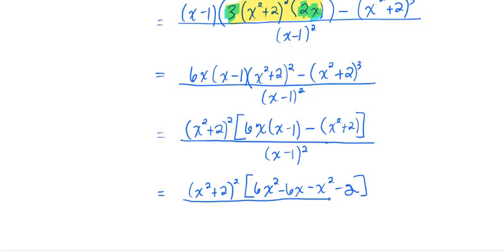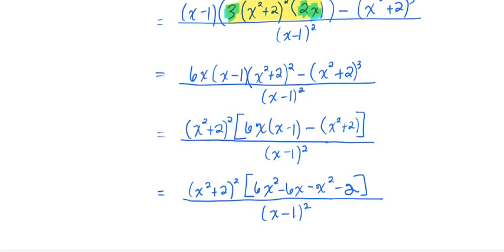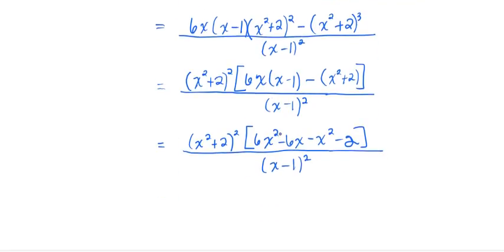There we go. Then combining like terms inside of that set of brackets, and I'm going to just write it as a parenthesis since that's not really necessary at this point: 6x squared minus 1x squared is 5x squared minus 6x minus 2.